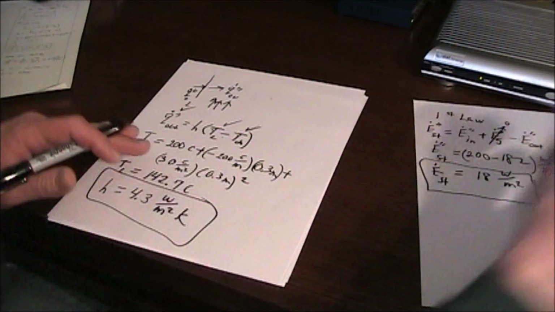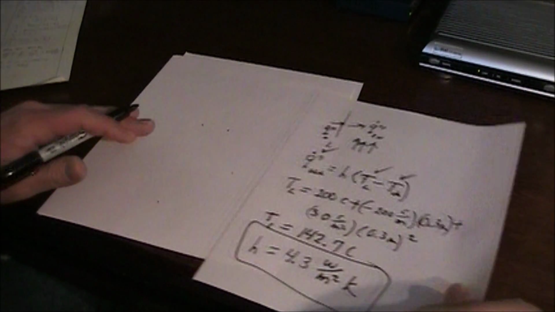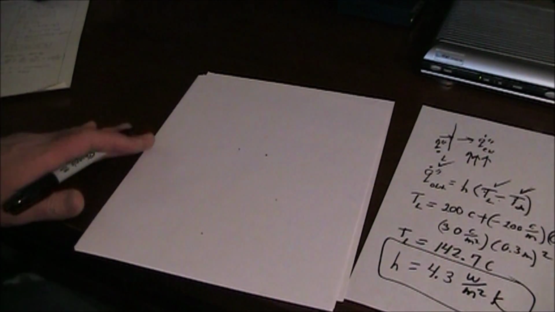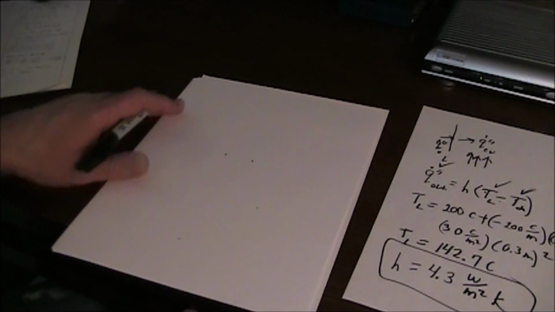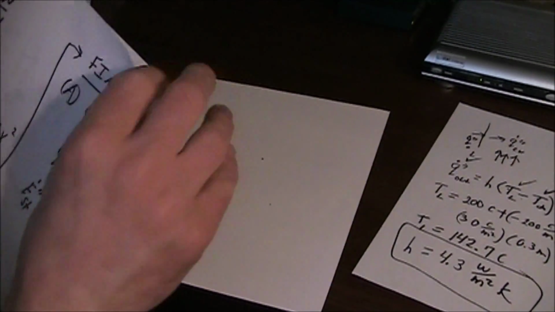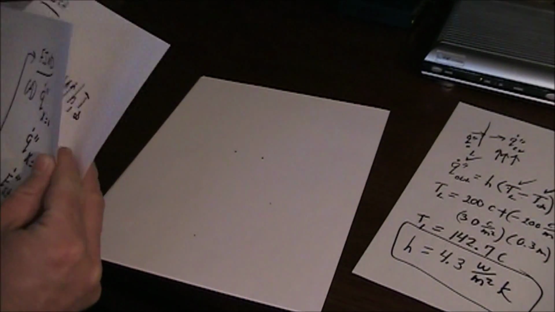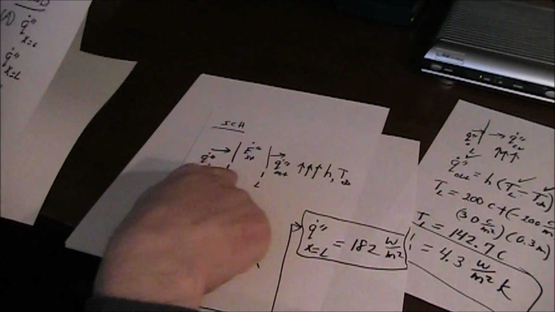So let me show you one more thing here that's kind of interesting. If you wrote the simplified form of the heat equation for our geometry, which here again is just a rectangular wall.